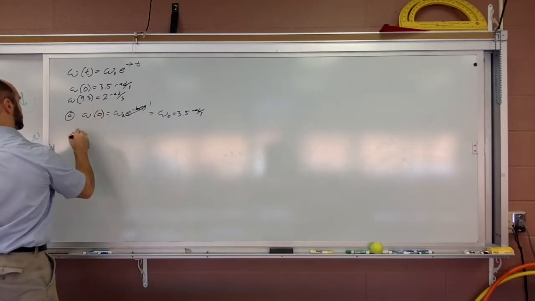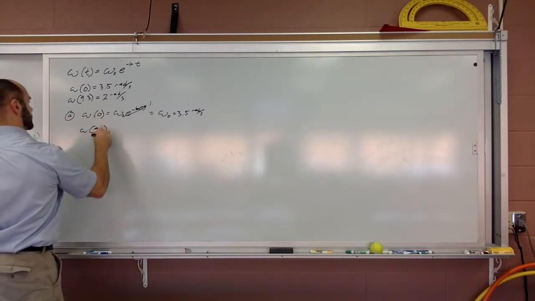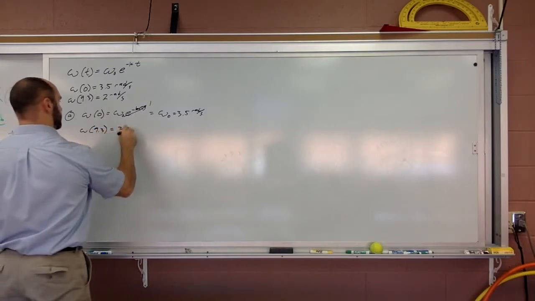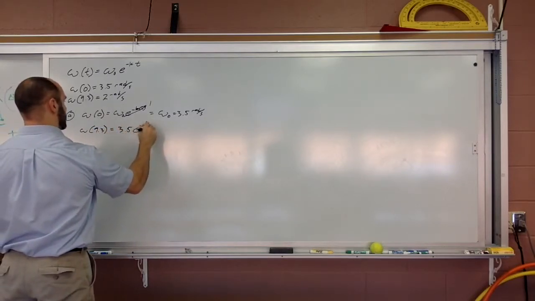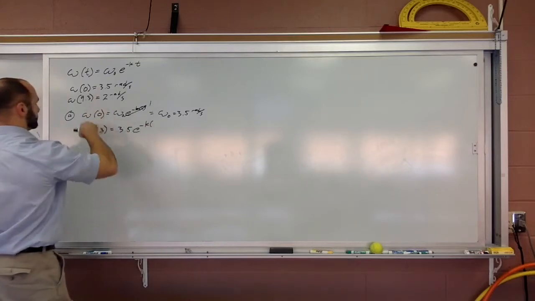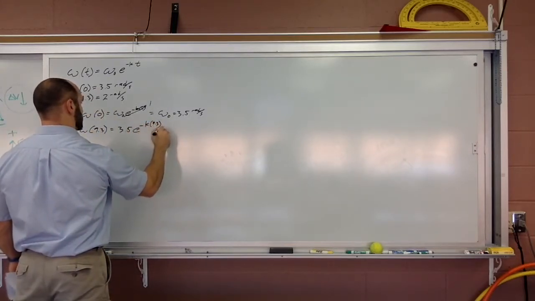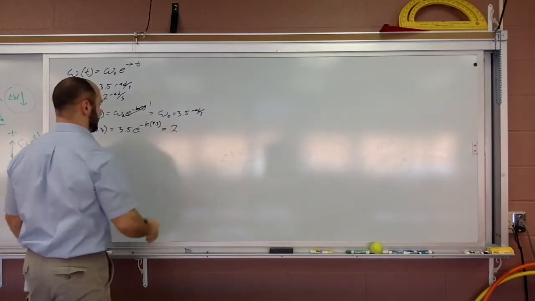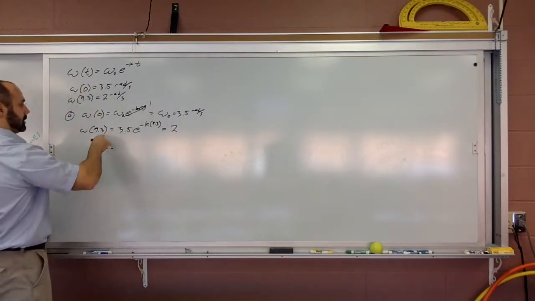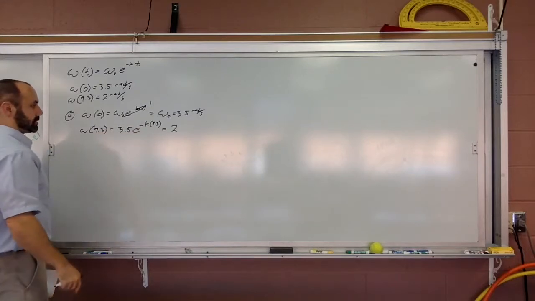So we use this other equation, omega at 9.3 seconds is 3.5 e to the negative k times 9.3. And that we know is equal to 2, because omega at 9.3 is 2.